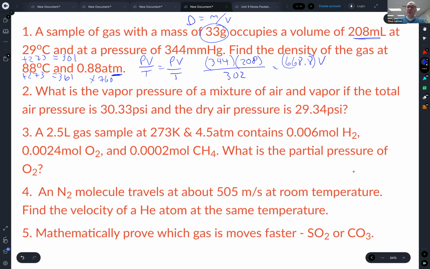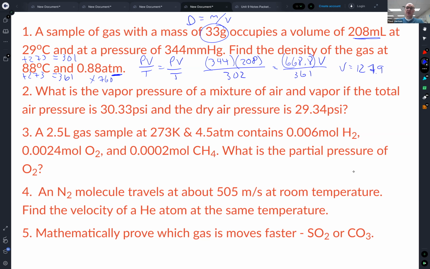Our new volume is what we're looking for, and our new temperature is going to be the 361. So cross multiply: 344 times 208 times 361 divided by 302 divided by 668.8, and I will get 127.9 as my volume. Those are in milliliters.